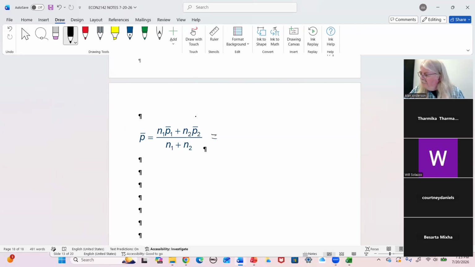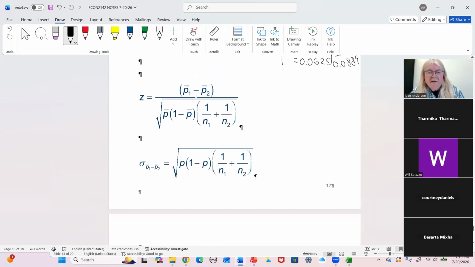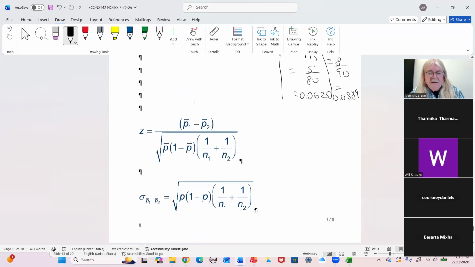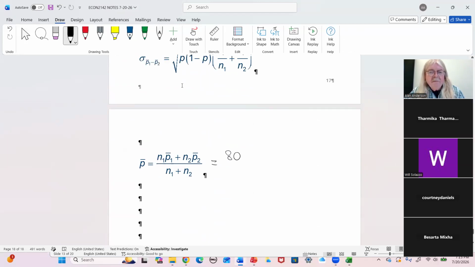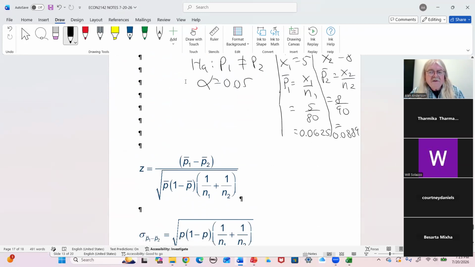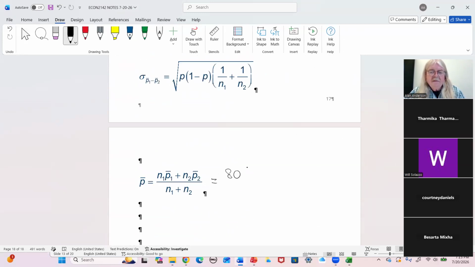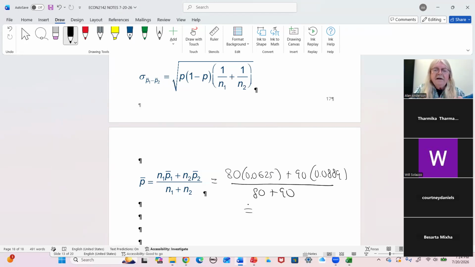So what do we have here? P1 bar is 0.0625. So this is a weighted average of the two.